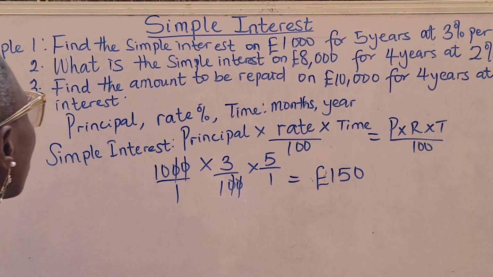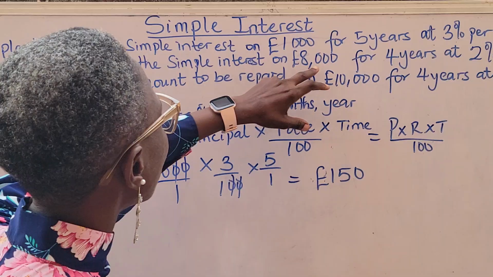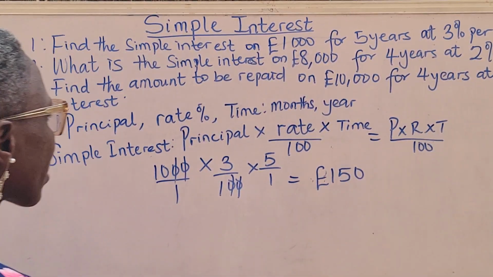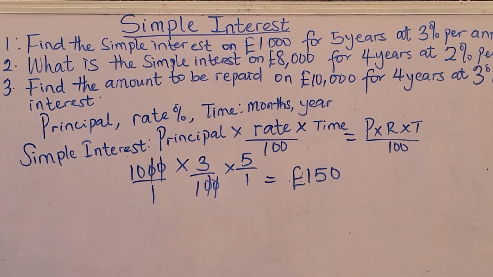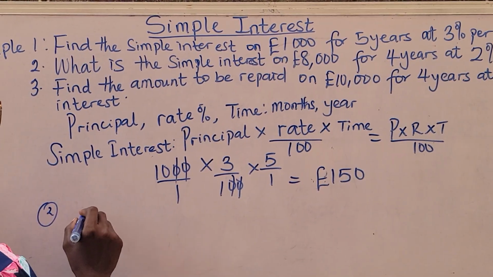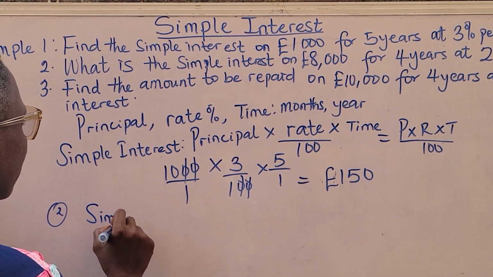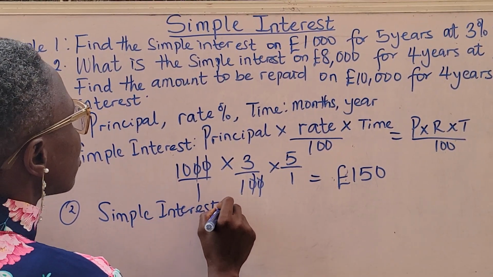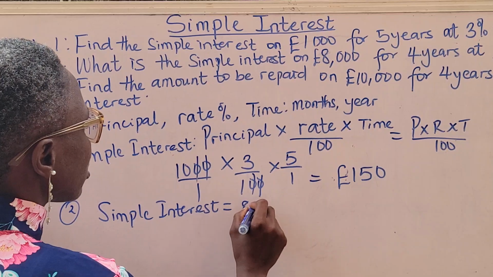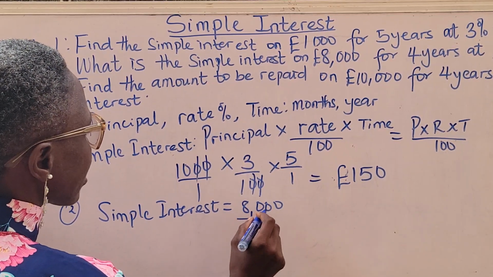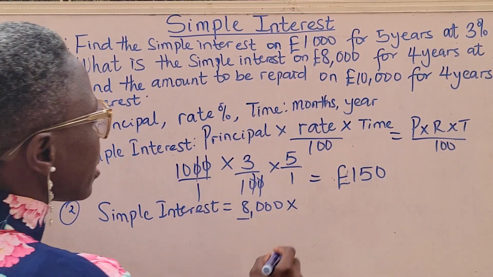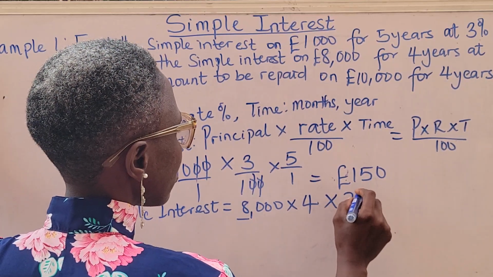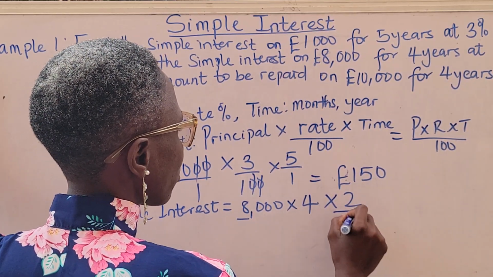Now the second question, what is the simple interest on 8,000 pounds for 4 years at 2%? We are still doing the same thing that we did up there. That's number 2. The simple interest, still using the formula. We have the principal, in this case 8,000. 8,000 times how many years? 4 years times 2%. 2% over 100.